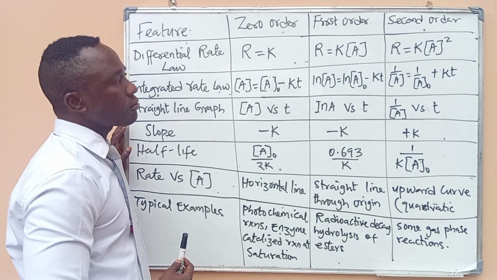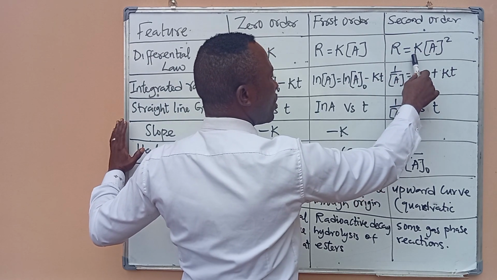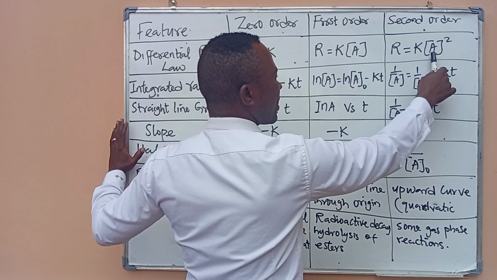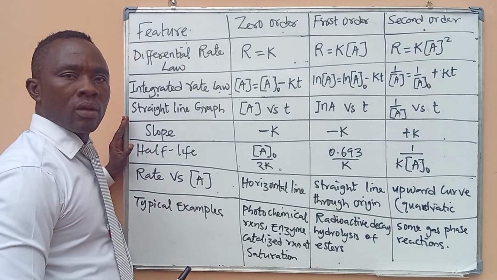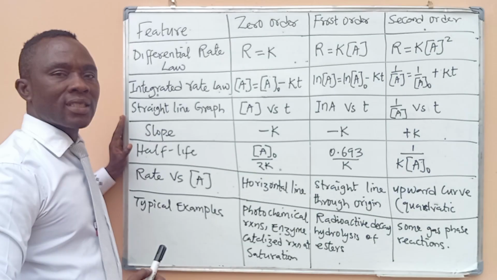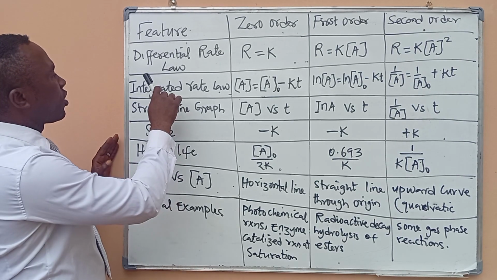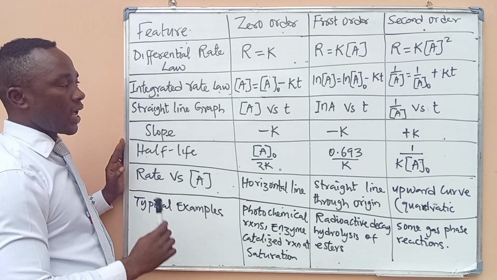Now for second order reaction, the rate is equal to the rate constant multiplied by the concentration of the reactant raised to the second power. Raised to the second power means that it is quadratic. That is the differential rate law for these orders of reaction.